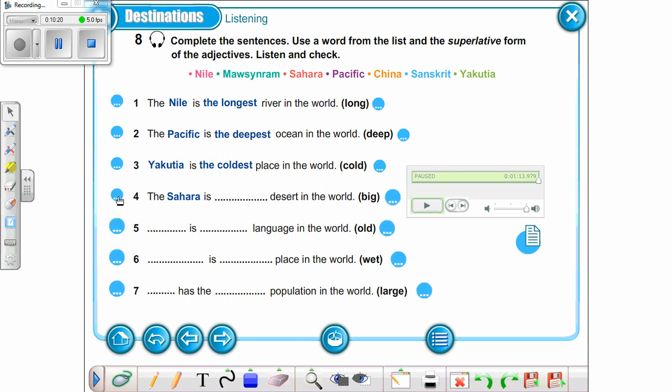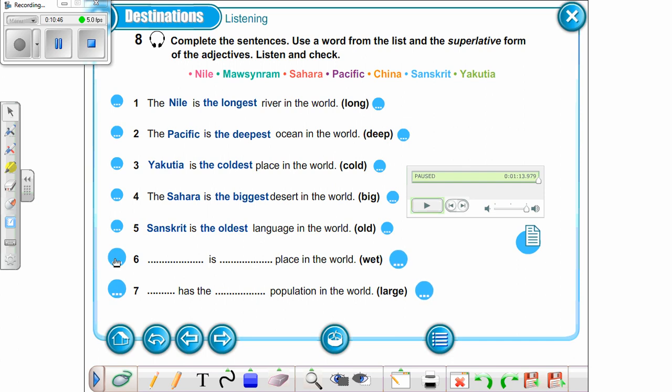The Sahara is the biggest desert in the world. So I'm comparing one place or one desert to the other deserts in the world. Okay, I'm comparing one to a group. Number 5, the Sanskrit is the oldest language in the world.